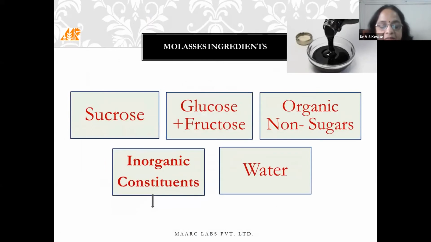Molasses is a very complicated mixture, and its composition is always very complicated. It is very difficult to handle molasses samples. We will see what the general ingredients of molasses are. It contains sucrose, which is very important and costly, and for which trading of molasses is going on.